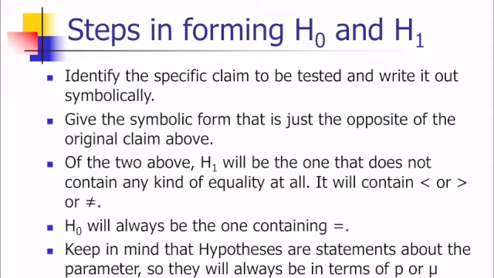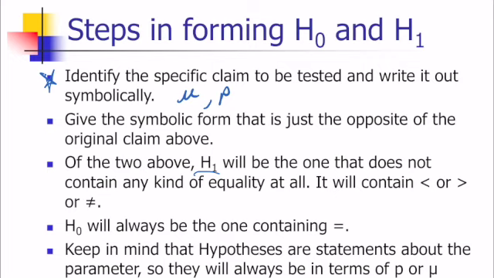First off, we need to identify the claim being tested and write it out symbolically. Make sure you identify whether you're working with a mean or a population proportion. Then we give the symbolic form that is just the opposite of the claim above, okay? H1 is the one that does not contain any kind of equality at all.